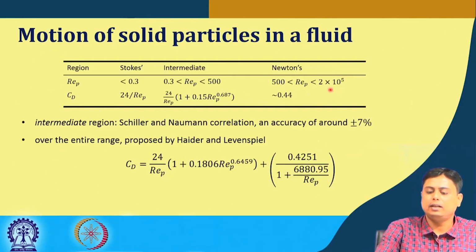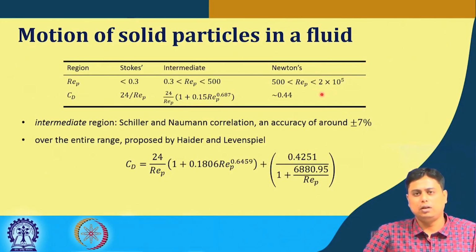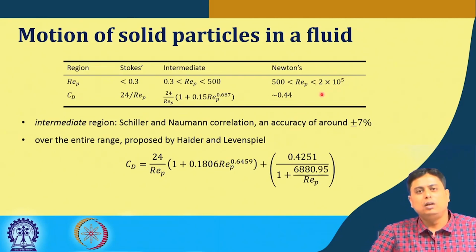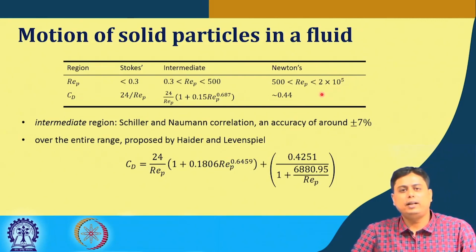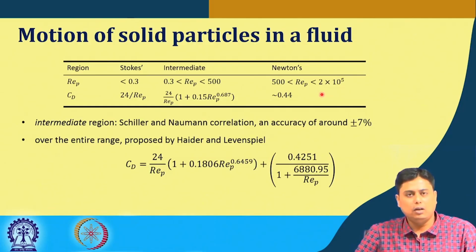Now, we can see that once it crosses such numbers, 2 into 10 to the power 5, then the critical Reynolds number has been achieved and it becomes turbulent, and all these things of flow separation happen. Okay. Boundary layer separation happens.